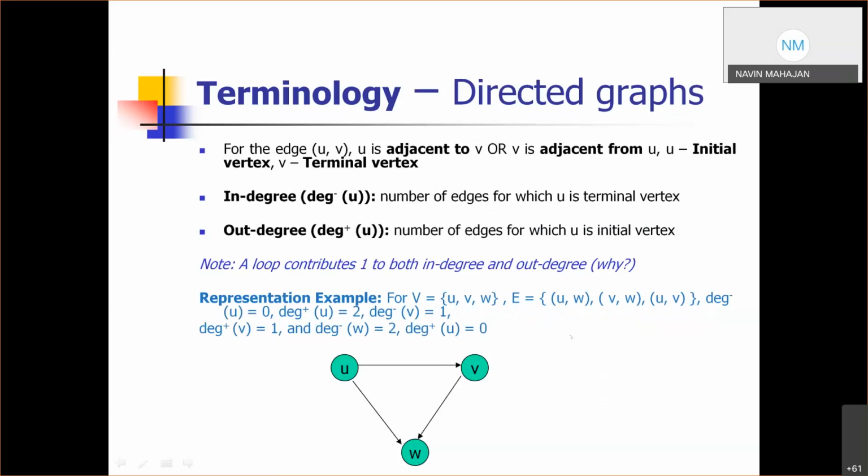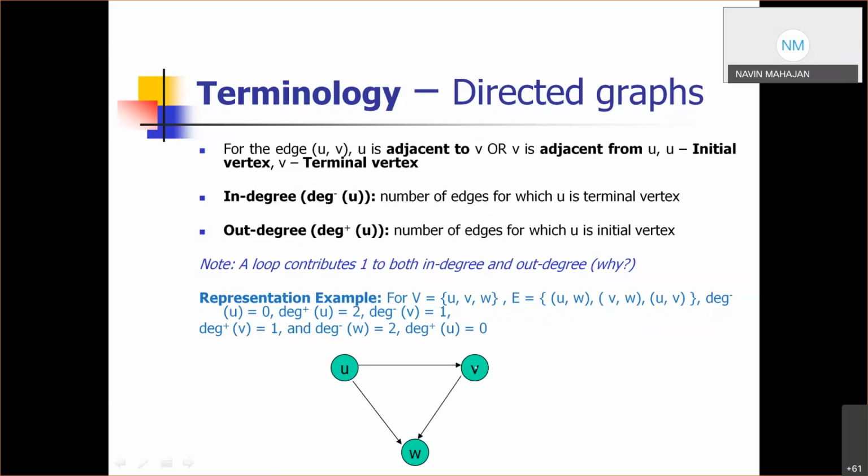What else do we need? In-degree and out-degree. For edge UV, U is adjacent to V, or V is adjacent from U. U is the initial vertex and V is the terminal vertex.